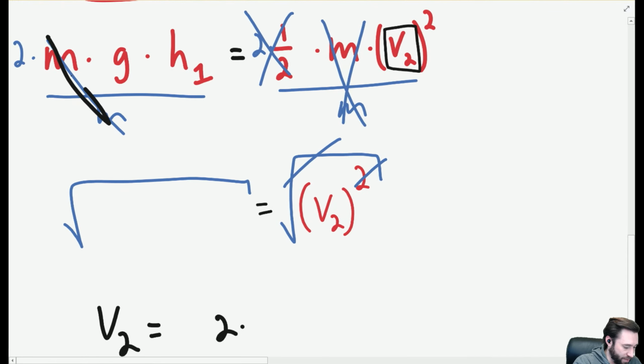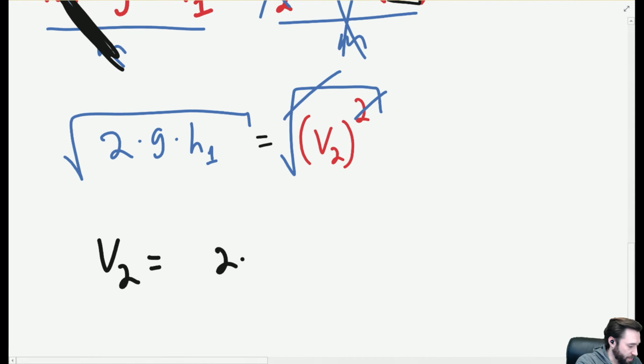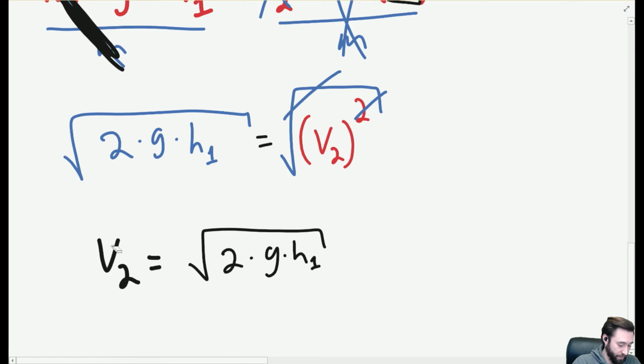The mass is canceled here. 2 times gravity times h1. That's all in the square root. So that would be the equation for V2.